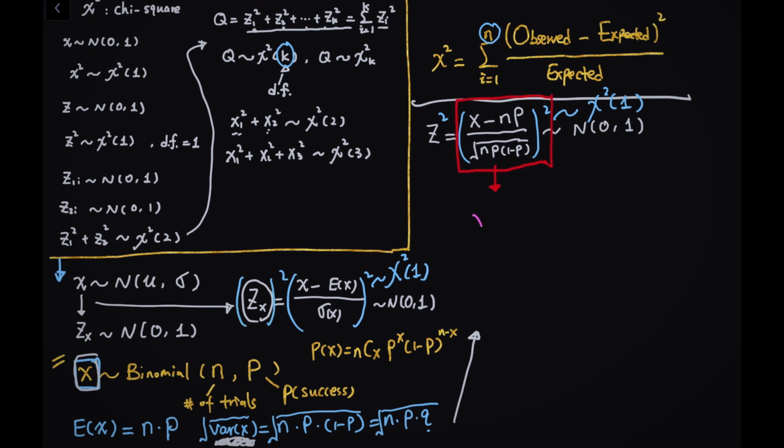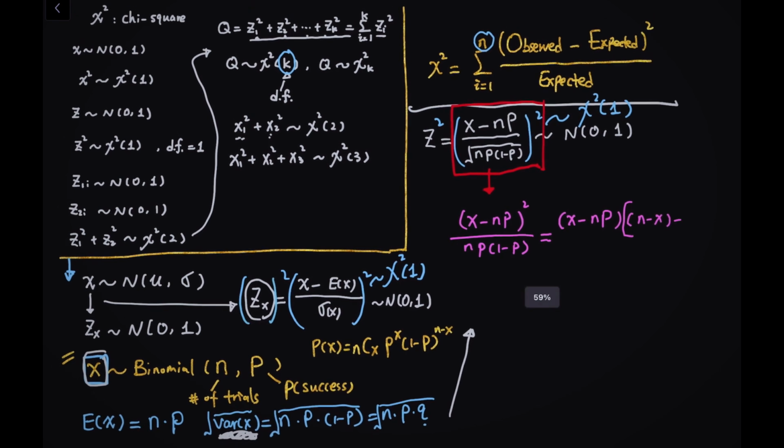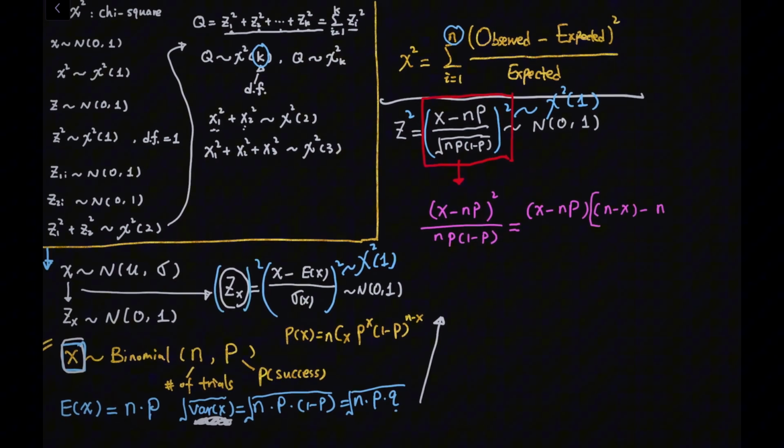That equals X minus NP squared divided by NP times 1 minus P. And this equals the numerator X minus NP times N minus X minus, okay, let me zoom out a little bit, N times 1 minus P.